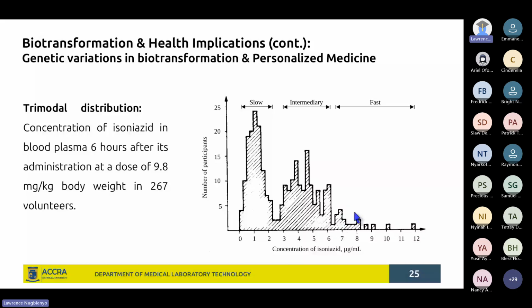And what it means is that the drug isoniazid, when taken by some persons, is getting accumulated, and so you have the concentration being very high.